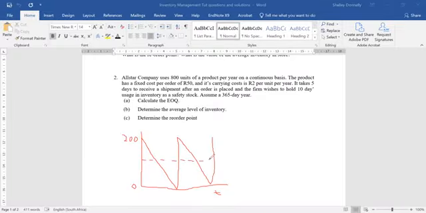Somebody? If it fluctuates between 200 and 0 over time, on average, then you always take the order quantity and divide by 2. Did somebody say 100? Sorry, I can't hear or see.